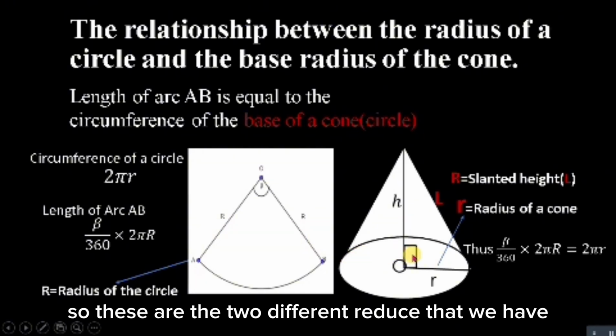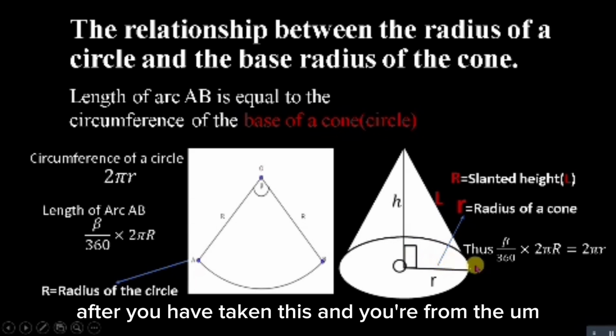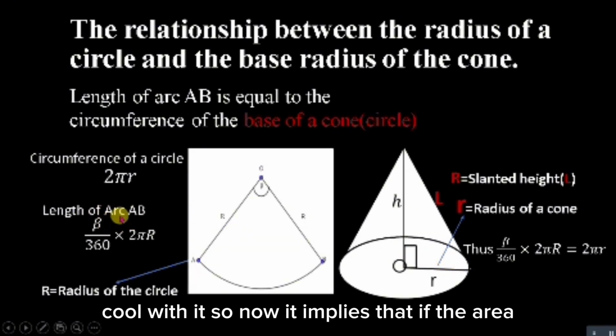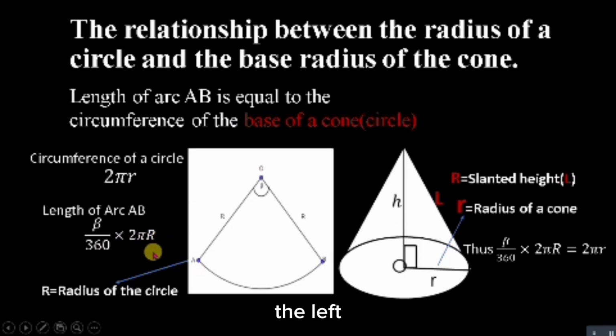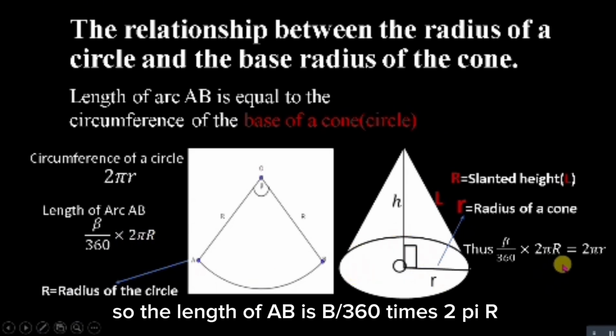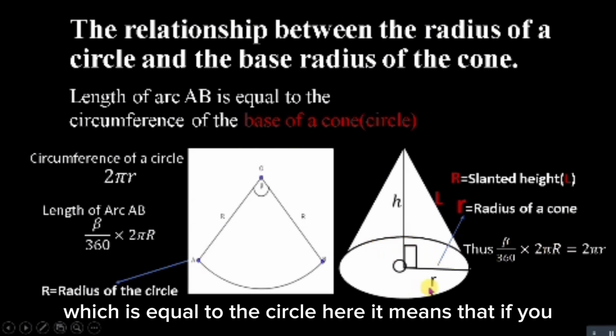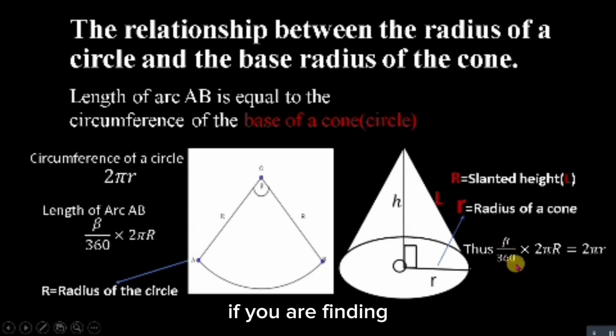So now it implies that the length of AB is beta over 360 times 2 pi R. If you are finding the circumference of the base circle here, you are going to get 2 pi r, the whole base circle.